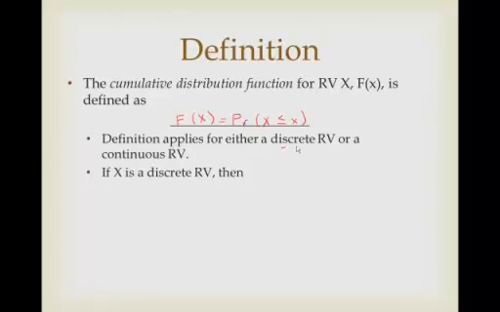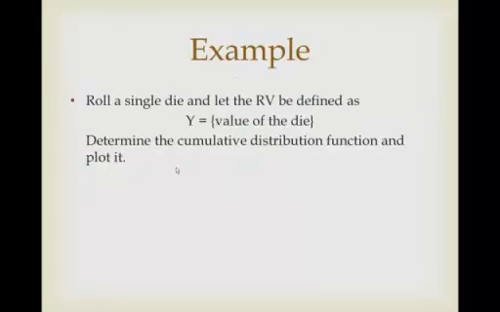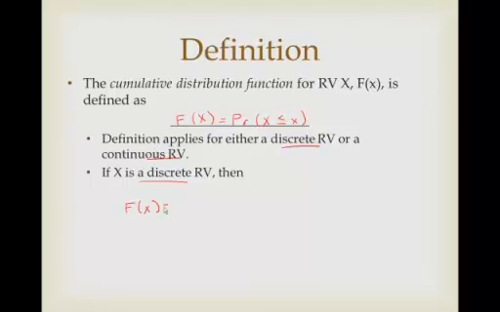If x is a discrete random variable, then we can say that F of x is simply equal to the sum of the probabilities of x sub i, with i running from minus infinity up to x.